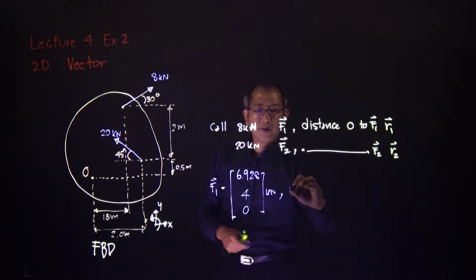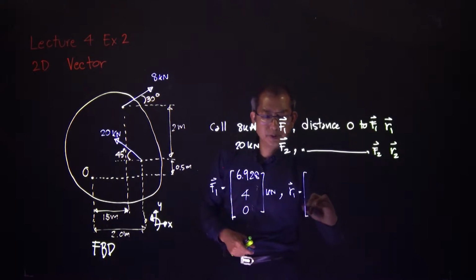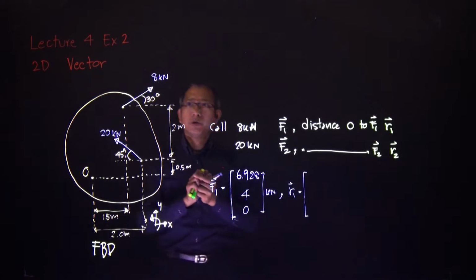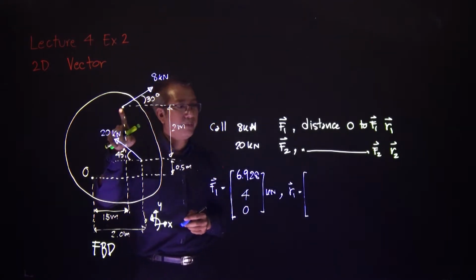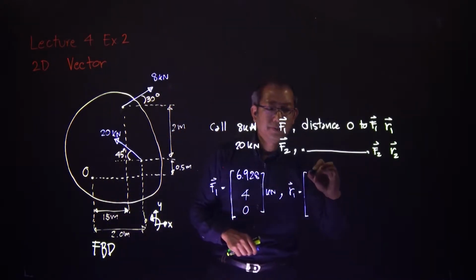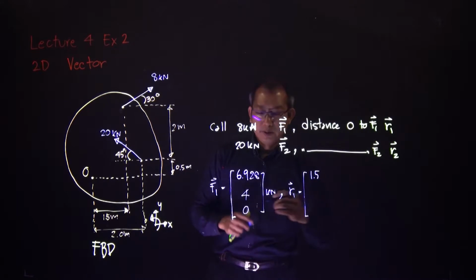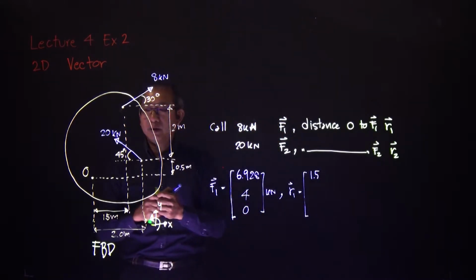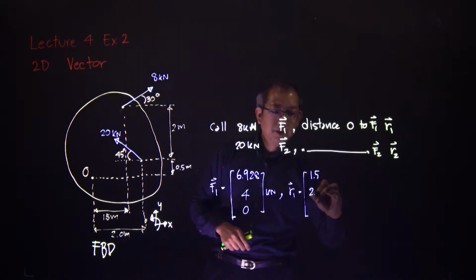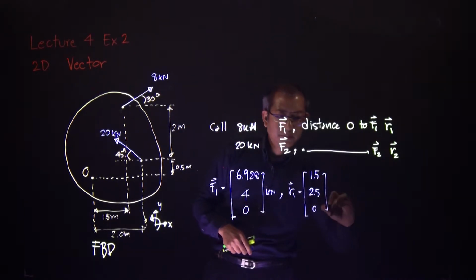Then we also have R1. R1 is equal to, again, measured from O to the point where the force is acting. In the x direction, it's from here to here, 1.5. And then in the y direction, it's from here to here, 2.5 meters, then 0.